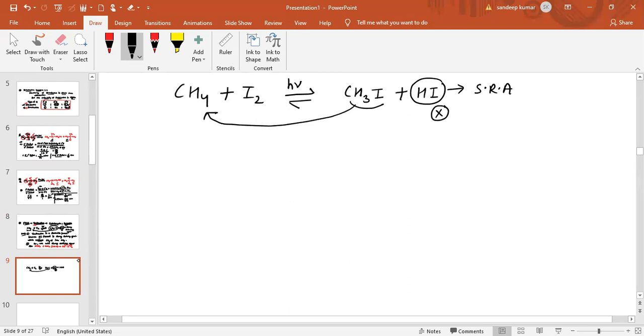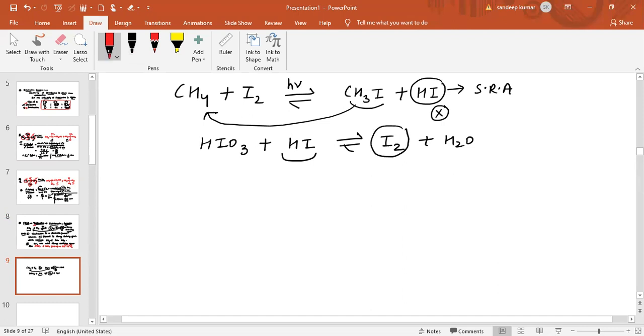How can we remove it? We add a strong oxidizing agent. It will oxidize HI into I2. We can easily see the oxidation number of I is -1 there and the oxidation number of I is 0 there. This is the logic behind it.